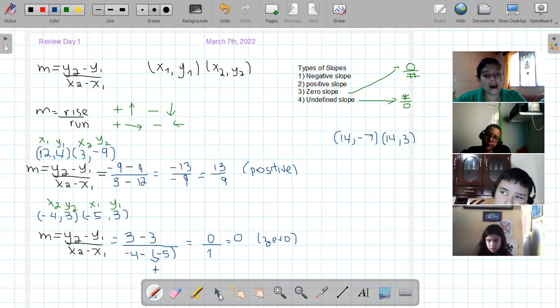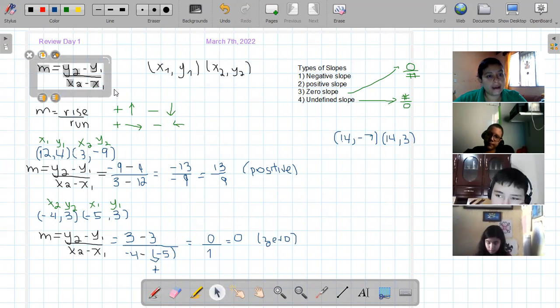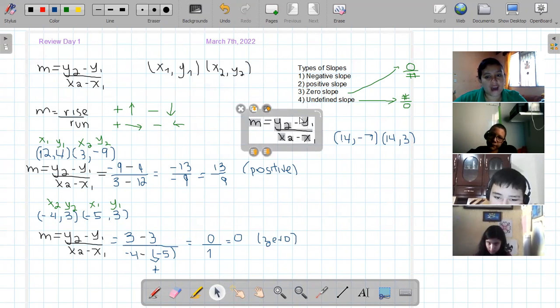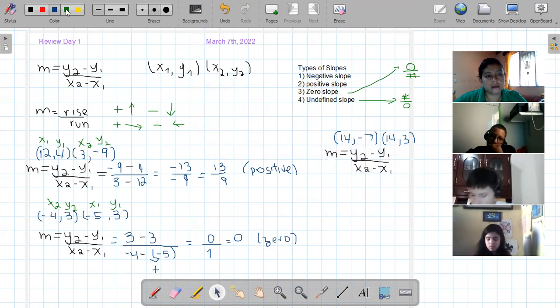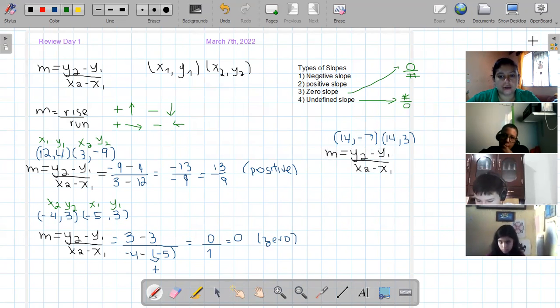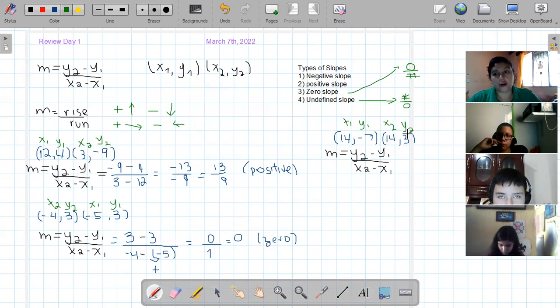An undefined slope. Why? Because both values of x are the same. Let's prove it, okay? Let's see if that hint is really good for us to use. However, you do need to show the procedure for the exam if you're asked for something like that. It's just a helping part for you. It doesn't mean that that will be your answer. You do need to show procedure.